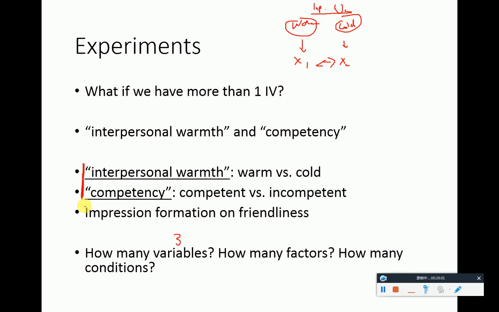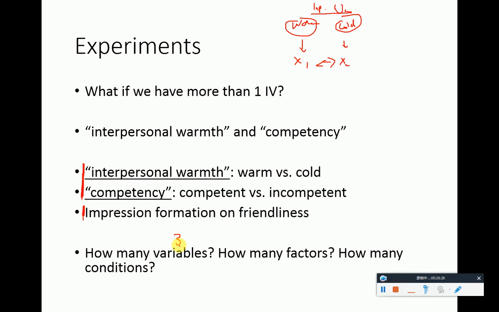Well, the third variable is, of course, the dependent variable, the variable we're trying to explain. The reason that we conduct this experiment is because we want to know what causes the variation in our perception of a person's friendliness. Why do we perceive someone as friendlier than others? So this is our third variable.